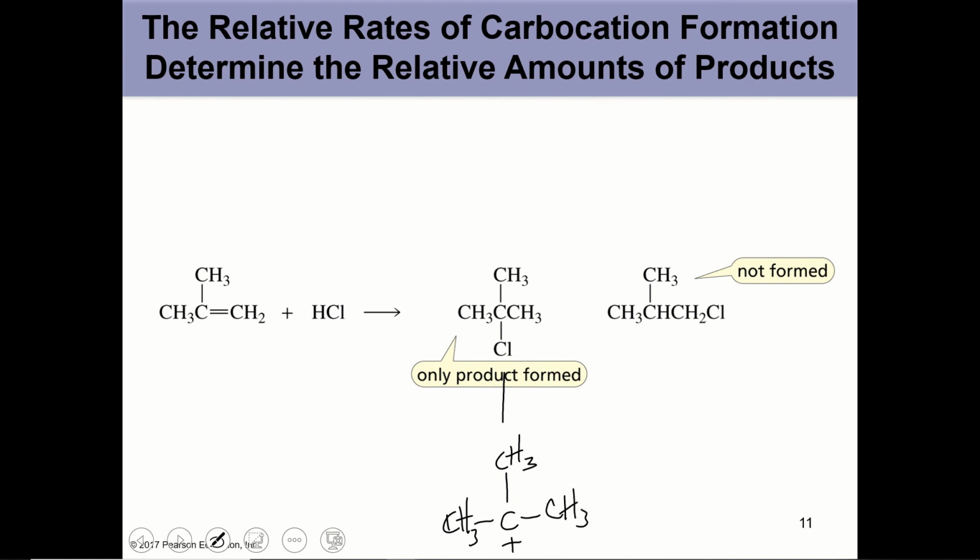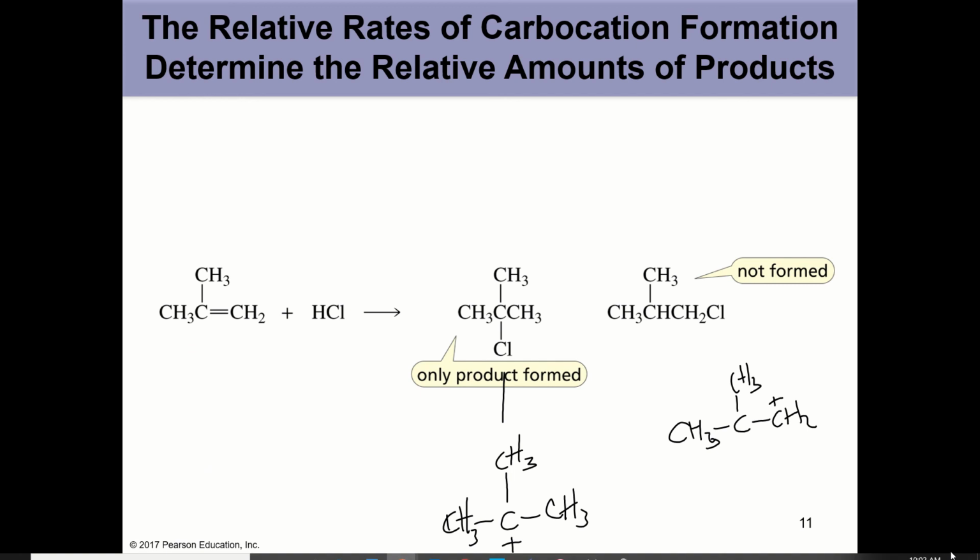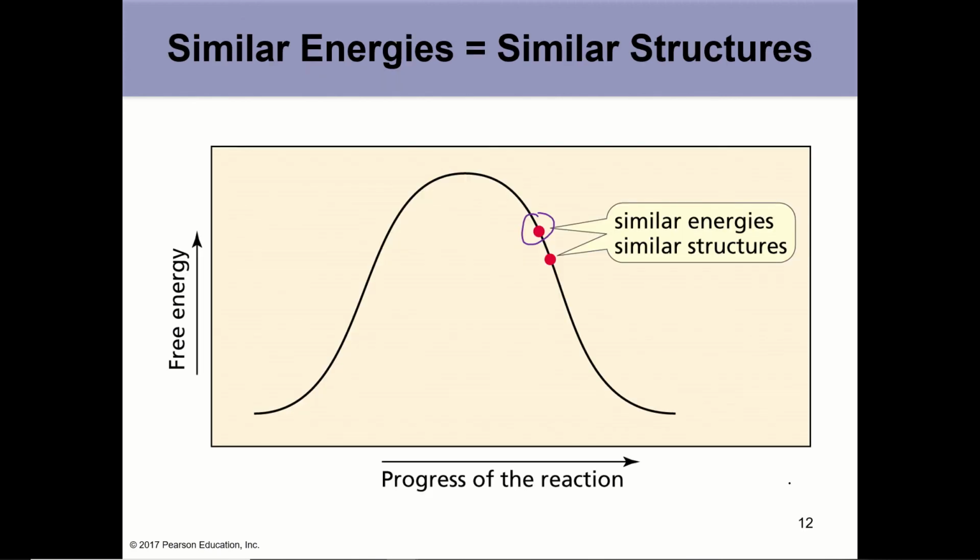So that should make it very clear to you one method of going from product to what the carbocation intermediate was. So we have a tertiary carbocation that is formed, the product coming from the tertiary carbocation is made, but the product coming from the primary carbocation is not formed for this reaction.